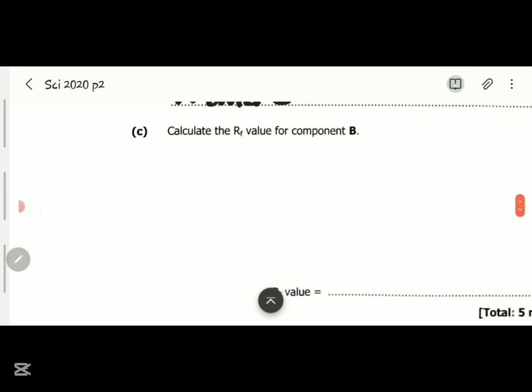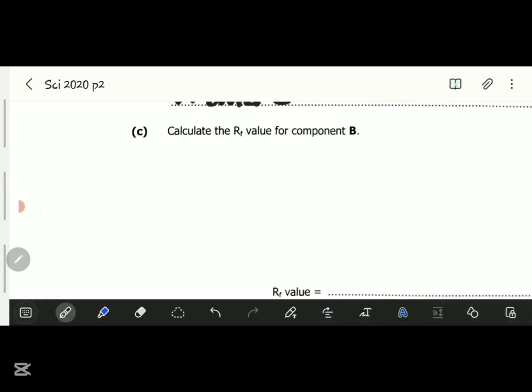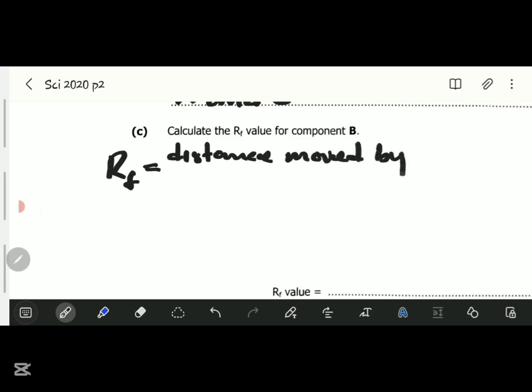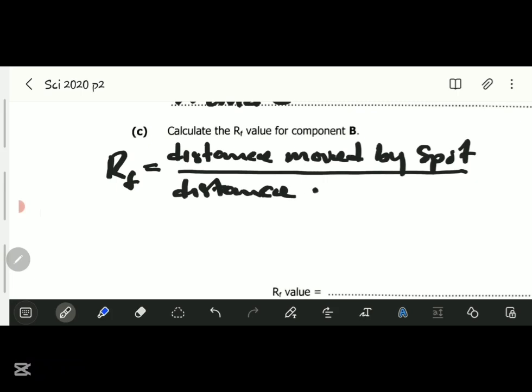And we are now going to say, RF is equal to distance moved by spot over distance moved by solvent.